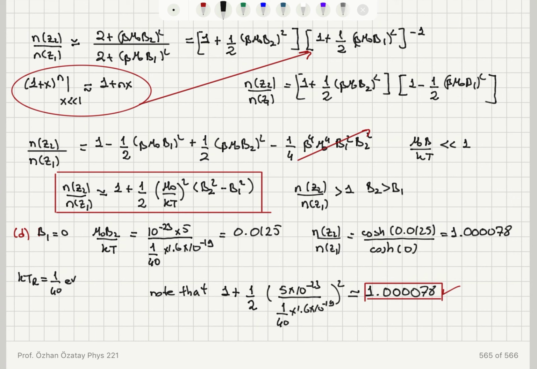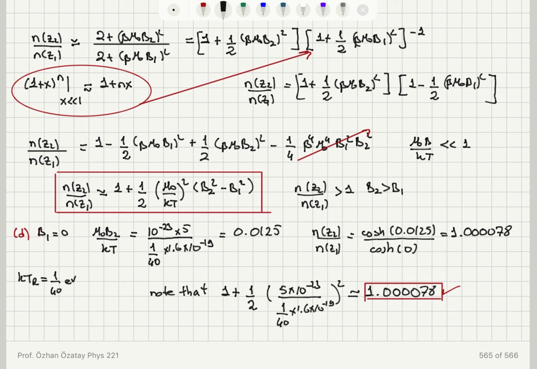And when I give some numerical values for N of z2 to N of z1, I find that it is 1.000078. First of all, I have checked that my approximation was correct in part C, which was verified.